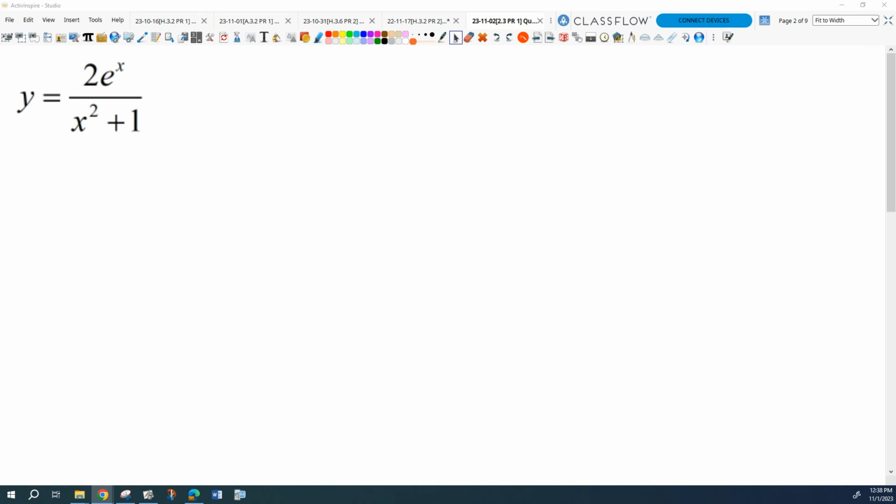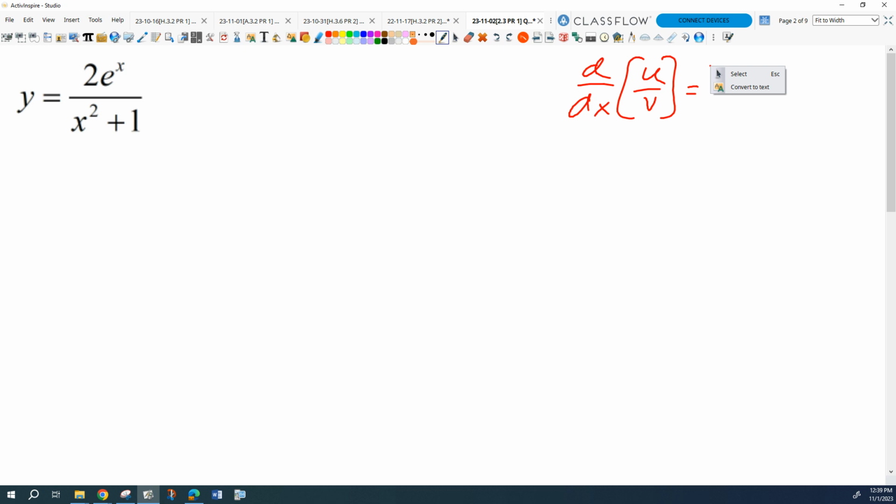So let's remind ourselves real quick, what is the quotient rule? If I'm taking the derivative with respect to x of u over v, what's the quotient rule? Remember what's our saying? Low d high minus high d low.